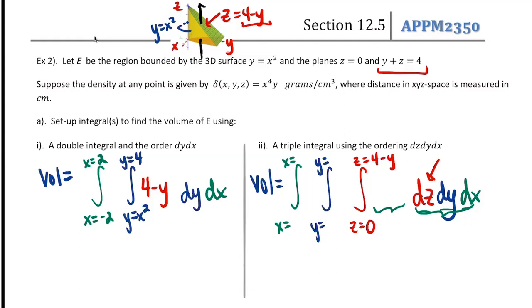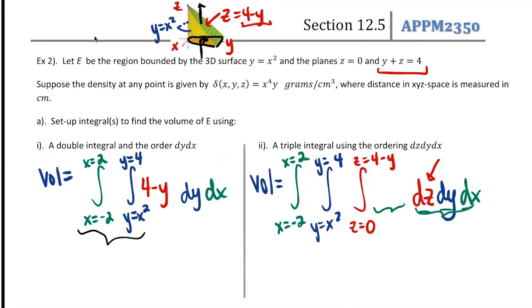And then the shadow of this region on the xy plane is going to be exactly the same R that we did in the warm-up. It's just this region right down here. So those bounds we've already found: it'll just be x squared to 4 for y and then negative 2 to 2 for x.